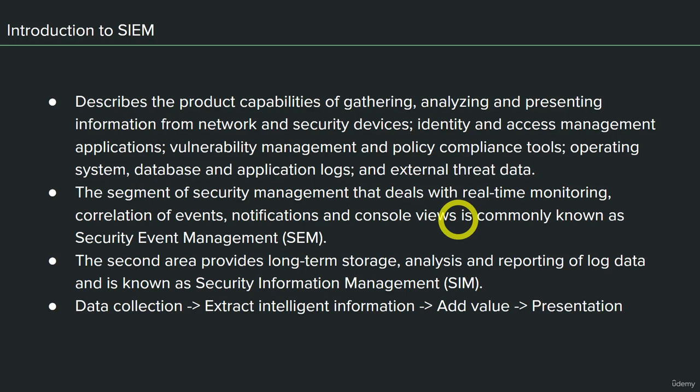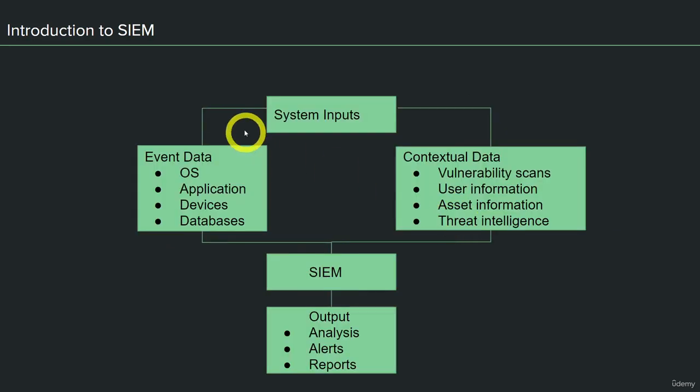The usual flow of a SIEM is, first of all, you have to collect the data. In this graph, you have all of your inputs: your OS logs, applications, devices, and databases. On the other side, you have contextual data, which can be vulnerability scans, user information, asset information, and threat intelligence.